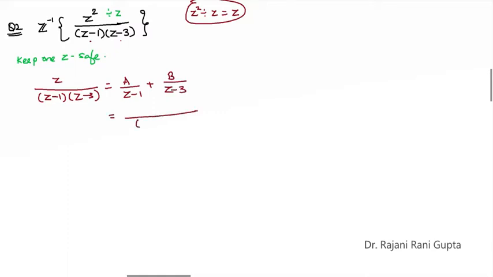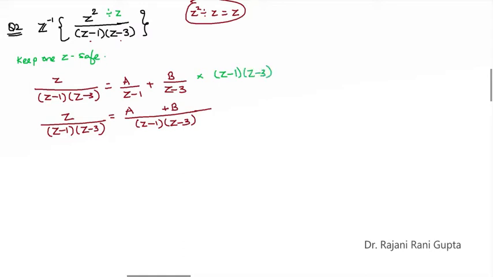In the denominator we have Z minus 1, Z minus 3, which is the product of these two terms. And to check whether it is correct or not, again you can see it from the question. It should be the same as what is in the original question. Then we need to look for terms to be multiplied with A and with B. So for that we multiply both A and B with the denominator, the LCM, which is Z minus 1, Z minus 3.